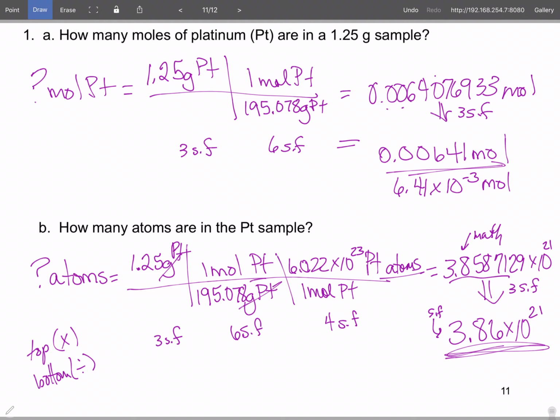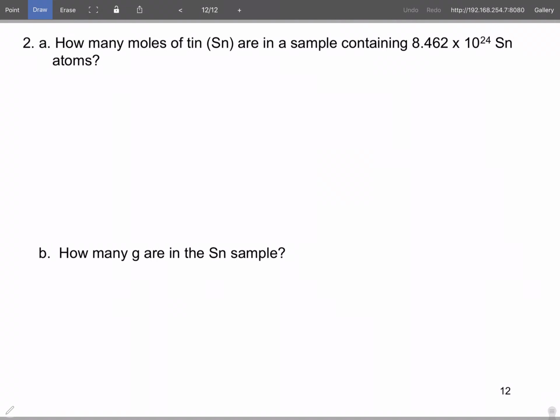All right? We're going to work one more set. And we're going to look here at going the opposite way. So this one is, how many moles of tin are there in a sample containing that many tin atoms? So again, you're going to start with the amount you're given.